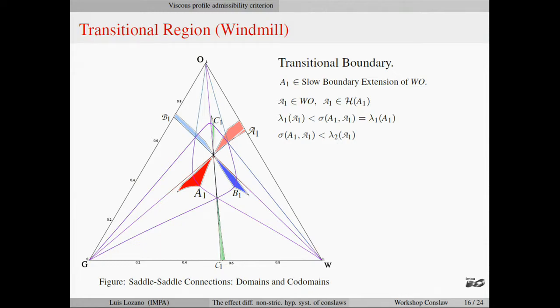Well, what about the corners? The corner A1 is in the slow boundary extension of the triangle, and it is a sonic shock between A1 and A1, but you have two admissible shocks. It's the same with the other points, B1 and C1.